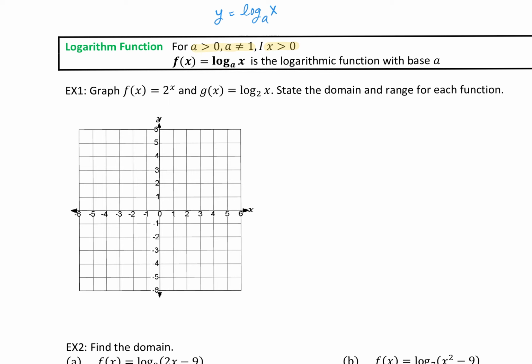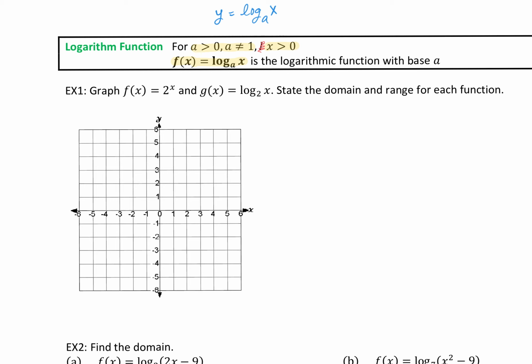Now remember, x is the argument. So if those conditions are met, then our f of x, our function, which is just our y value, is equal to log base a of x. Again, x is the argument and it needs to be greater than 0. So this is a logarithmic function with base a.